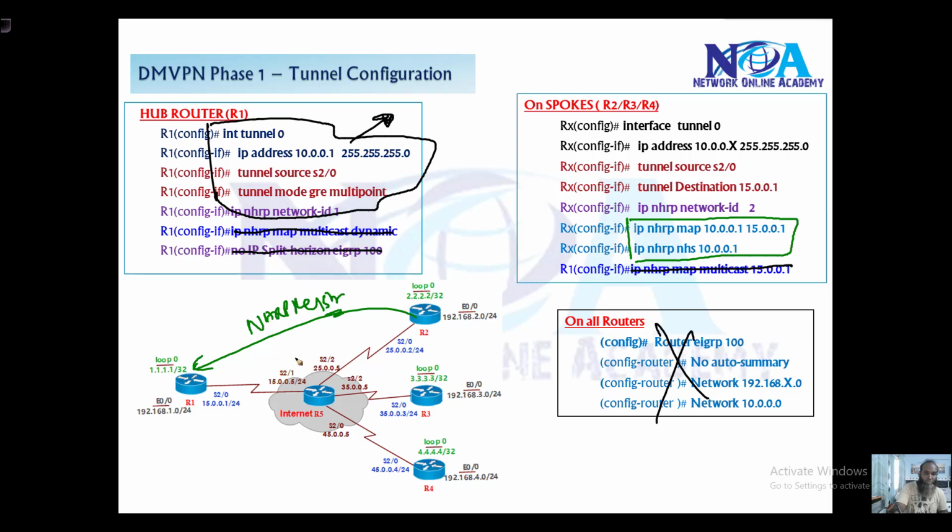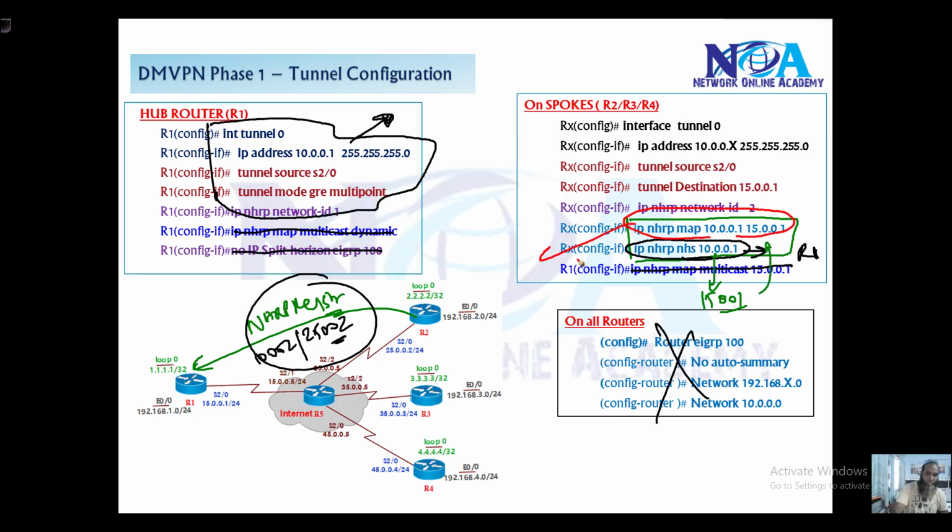So they should provide the tunnel IP address and the public IP used by them. So basically registration messages, we have seen those messages already. So we are saying my next hop server is 10.0.0.1, that is router 1, and to reach that 10.0.0.1 the public IP is 15.0.0.1, and that's what I'm defining here.